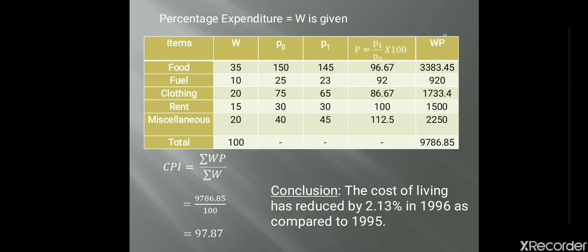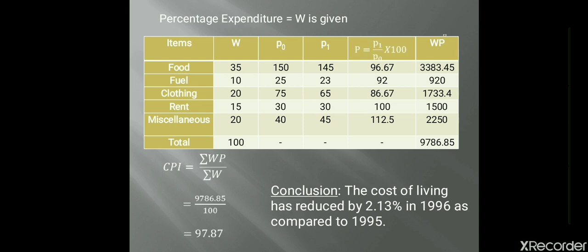Now let us check whether sum of all these percentage expenditure values given in W column results in 100. Sum up all the values in W column, nothing but 35 plus 10 plus 20 plus 15 plus 20 results in 100. So we are done with summation W being 100.